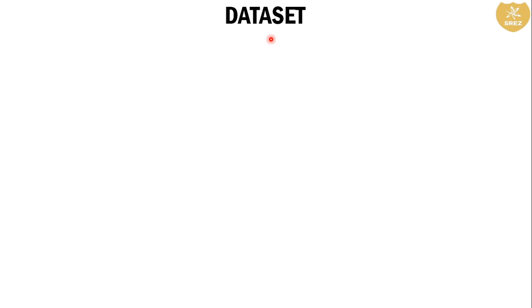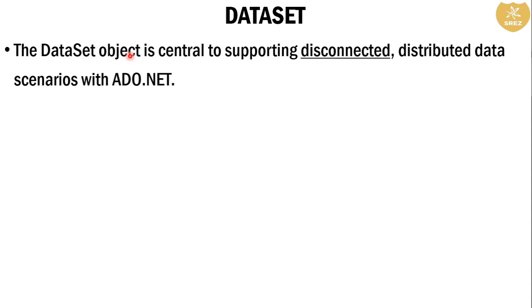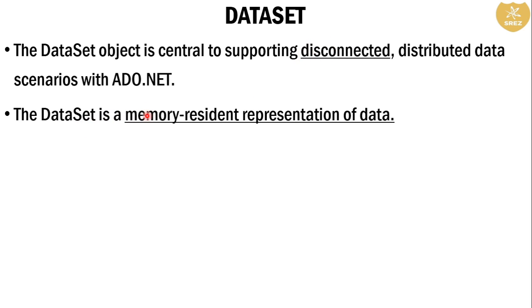Next one is the data set. Data set object is used to support disconnected and distributed data scenarios with ADO.NET. This word is important: disconnected and distributed data source. So it is the local buffer or repository which stores data in a disconnected manner. Dataset is a memory-resident representation of data. This is the most important line.